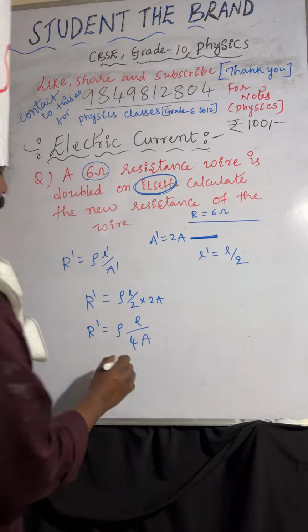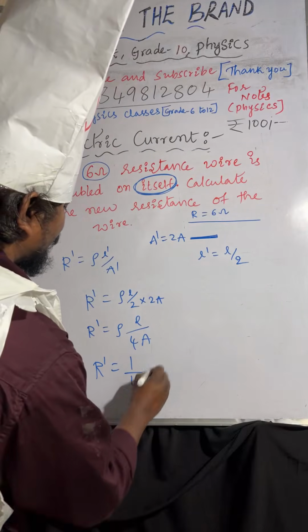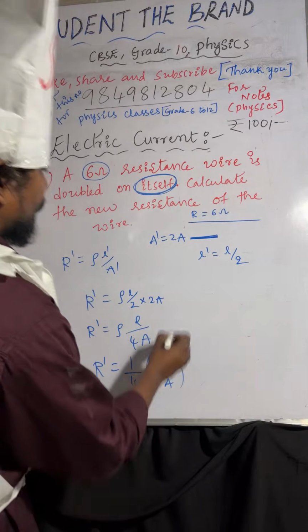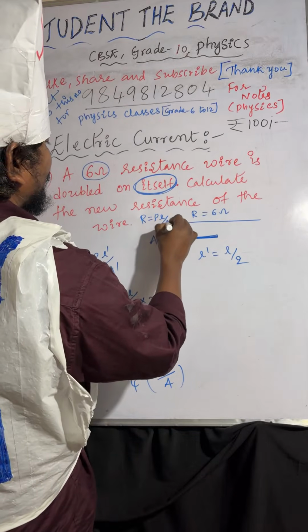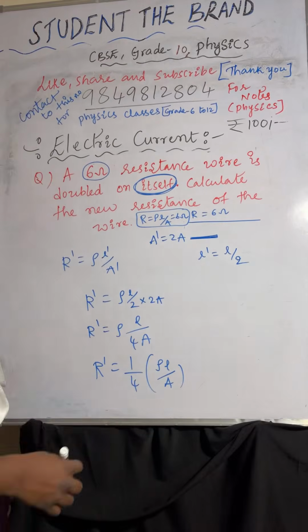What is the original value? R dash equal to 1 by 4 into rho into L by A. What is rho into L by A? That is nothing but the resistance, which is 6 ohm. Substitute this value here.